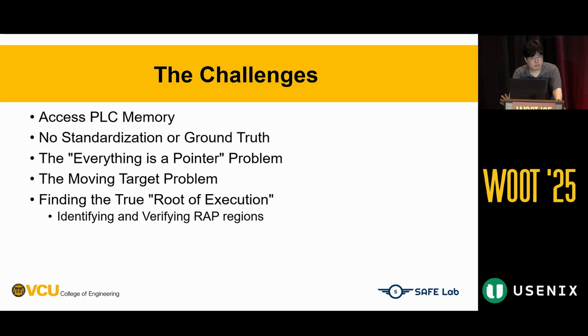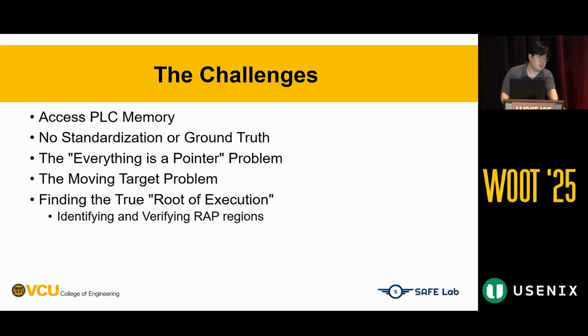To make matters worse is the location of the critical data, such as control logic that I mentioned, running the physical process. Those critical data are what we want to target as an attacker, and we want to defend as a defender. But it changes its location every time we download the control logic to the PLC.